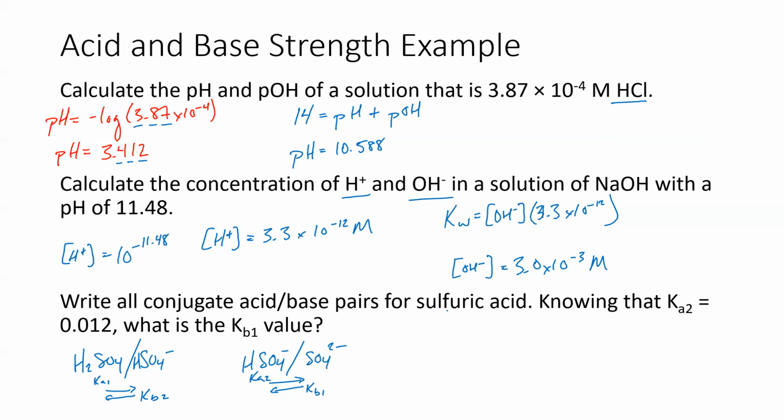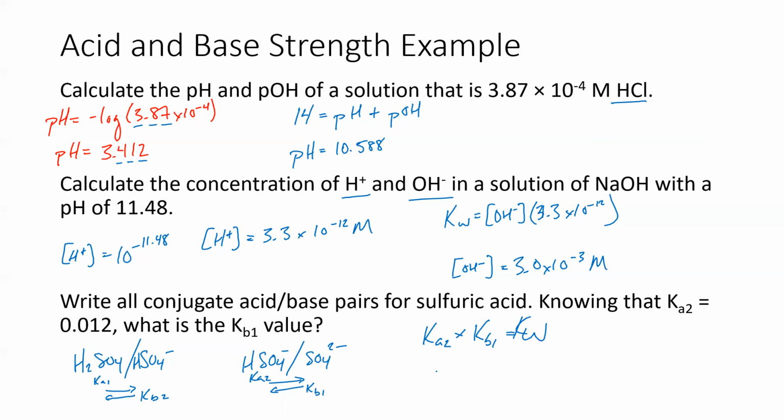And so if Ka2 equals 0.012, how do we find Kb1? How are those two related? They're also related by Kw. That's right. And what operation do I need there, Meredith? Well, Ka times Kb equals Kw, so you're going to have to divide by Ka2. So Ka2 times Kb1 equals Kw.